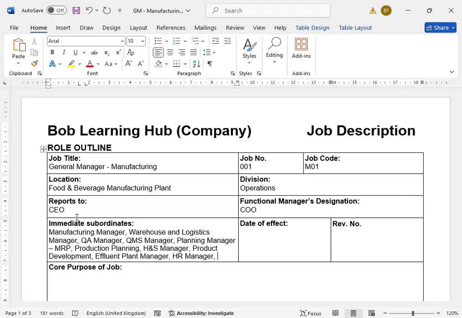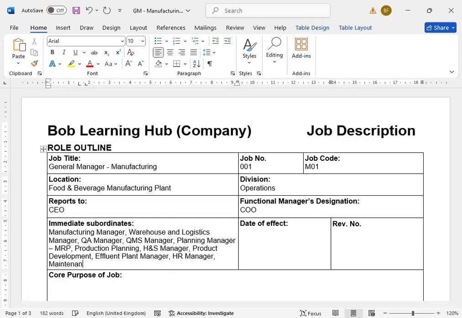Then of course, let us not forget the maintenance manager. This is part of the production engineering maintenance, or it could be part of the utilities maintenance, like air supply of the plant or power supply of the plant.